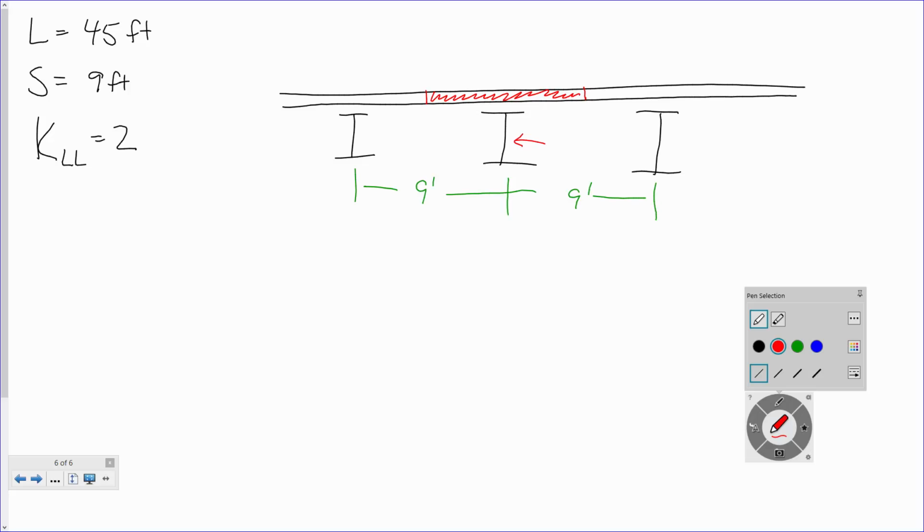Halfway over and halfway over. So what is the tributary width of that beam? 9 feet. Tributary width is 9 feet.